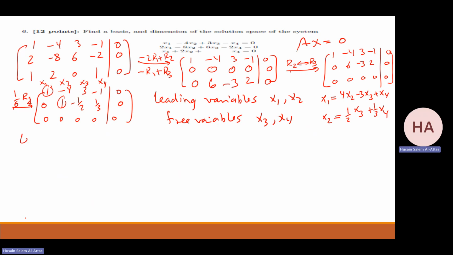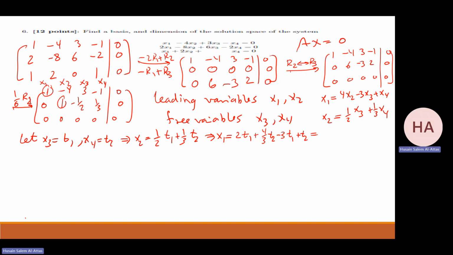So I let x3 be t1 and x4 be t2. What will be x2? It will be half t1 plus 1 over 3 t2. What will be x1? Now we need to be careful. That will be 2t1 plus 4 over 3 t2 minus 3t1 plus t2.